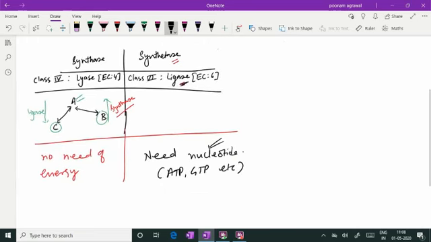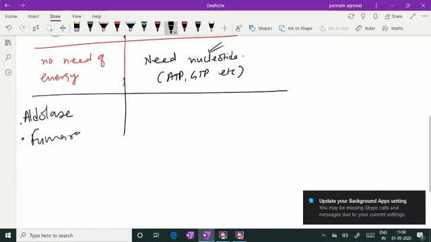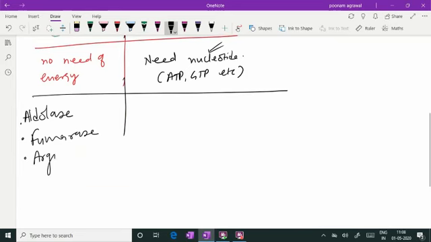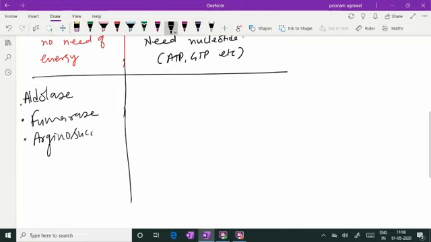Now I would like to go on to important examples of these enzymes. Synthase: the enzyme aldolase, the enzyme fumarase, the enzyme arginosuccinate lyase.